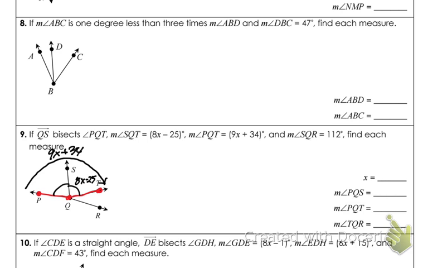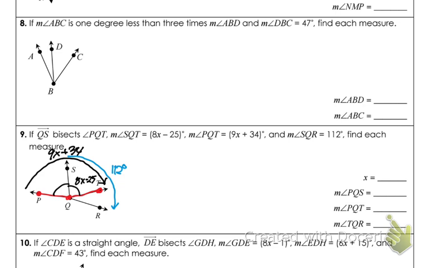And then it says SQR is going to be 112. We're supposed to find each of those bits of information. So this right here, kind of running out of room, let's change our color real quick. So this right here is 112. So we have two congruent angles.